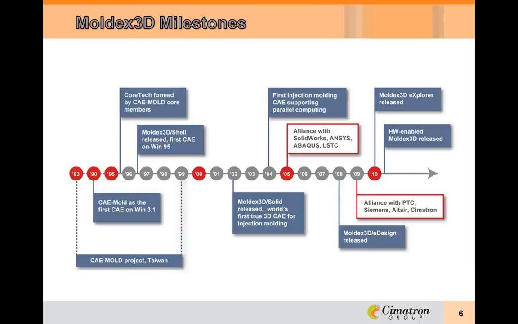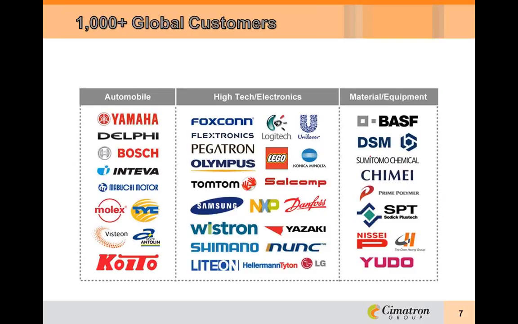In 2004, Moldex 3D was the first injection molding CAE to support parallel computing. Here is a small sampling of global customers whose names you might recognize from diverse industries. You can see there's Yamaha, Delphi, Foxconn, Unilever, some pretty big names here.